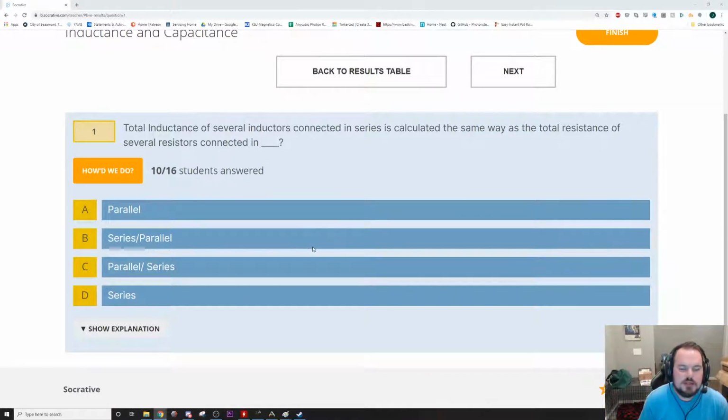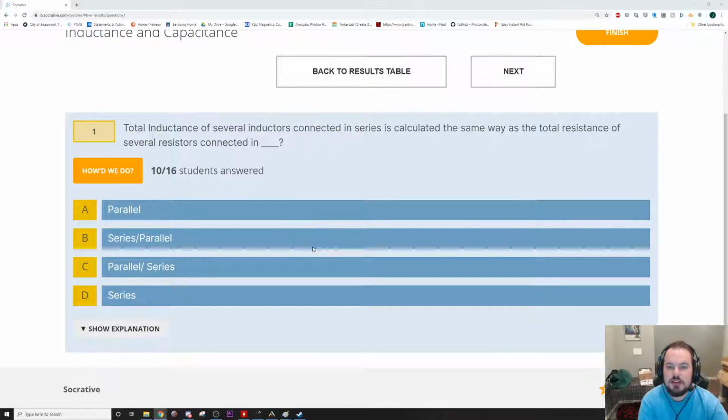Total inductance of several inductors connected in series is calculated the same way as total resistance of several resistors connected in series. Total inductance and total inductive reactance are calculated exactly the same way as resistance.